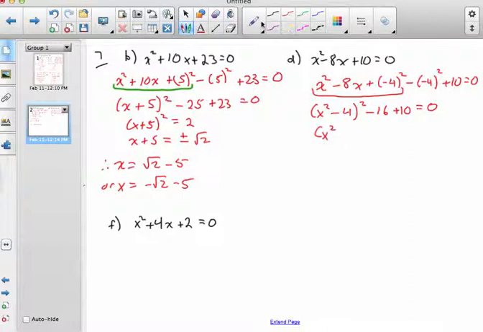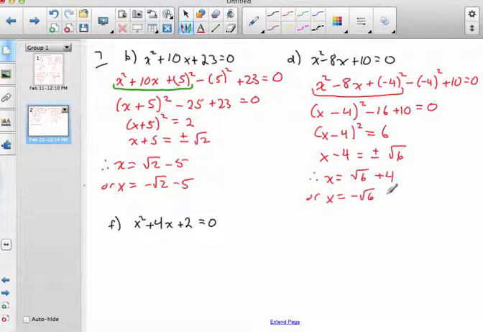X, whoops, sorry, I've got more squareds in here than I need. X minus 4 all squared minus 16 plus 10 is minus 6. Minus 6, when I move it over, becomes positive 6. And I end up with x minus 4 is equal to plus or minus the square root of 6. So therefore, x is equal to square root of 6 plus 4, or x is negative square root of 6 plus 4.